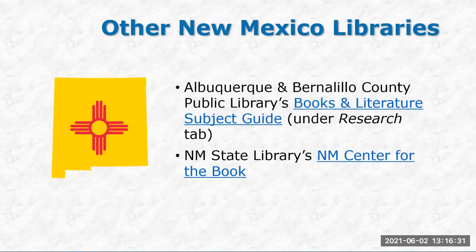There are other New Mexico libraries that you might find reading resources for. Albuquerque and Bernalillo County Public Library is huge, and it has a very well-developed website and a lot of reading lists and a lot of good information that's out there. And then the New Mexico State Library has the New Mexico Center for the Book, which has additional resources.